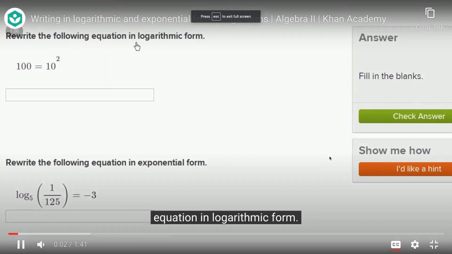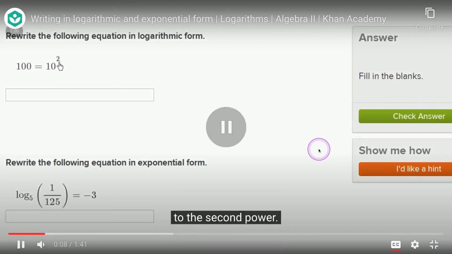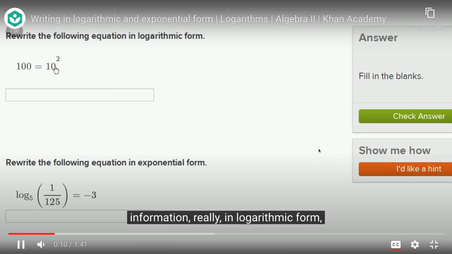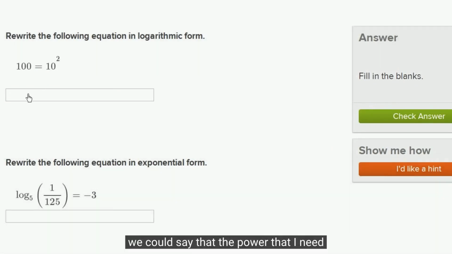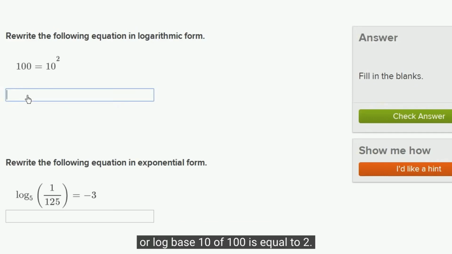Rewrite the following equation in logarithmic form. So they have 100 is equal to 10 to the second power. If we want to write the same information in logarithmic form, we could say that the power I need to raise 10 to get to 100 is equal to 2, or log base 10 of 100 is equal to 2.